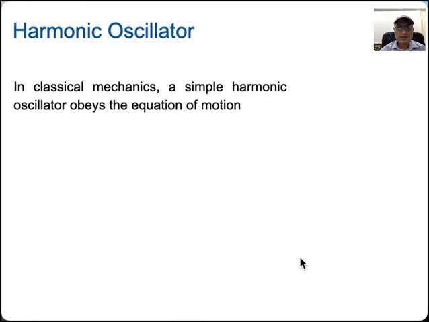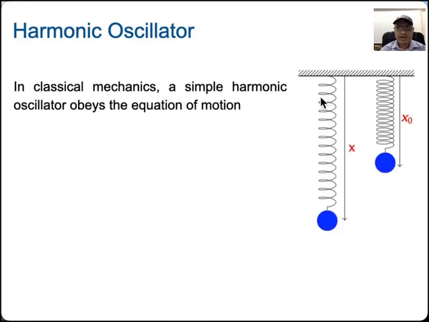So in classical mechanics, a simple harmonic oscillator can be expressed in the following fashion. Here is a spring with mass m, and the equilibrium distance of this mass from this rigid end is x0. Suppose you exert a force on this mass downward and make a displacement.